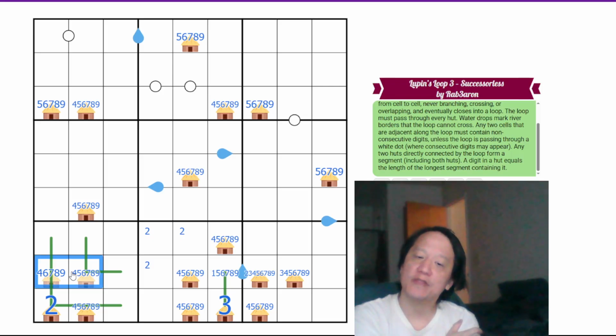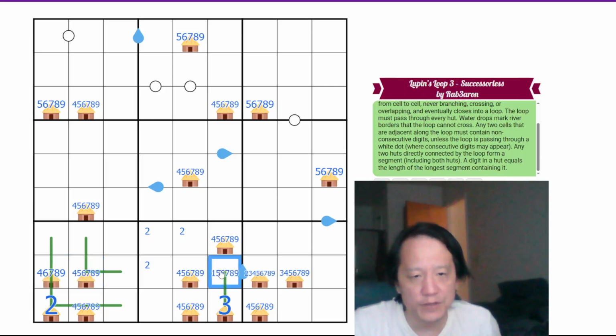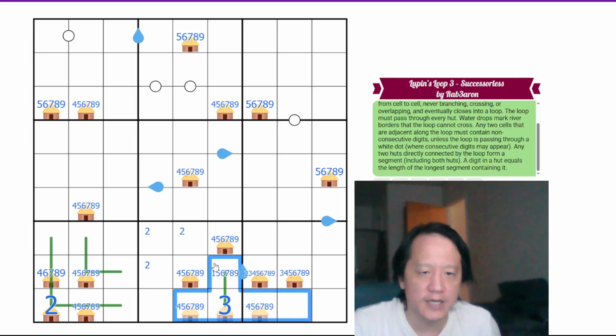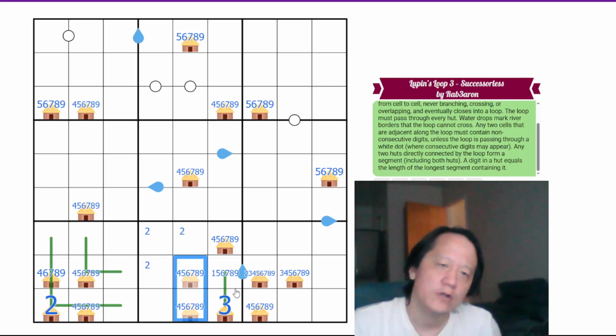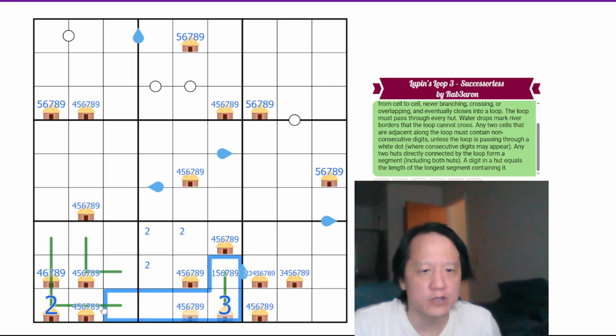Oh, that's interesting. Whichever one this comes out, it can't directly go to the next one here. So, whichever one goes out, that is interesting.